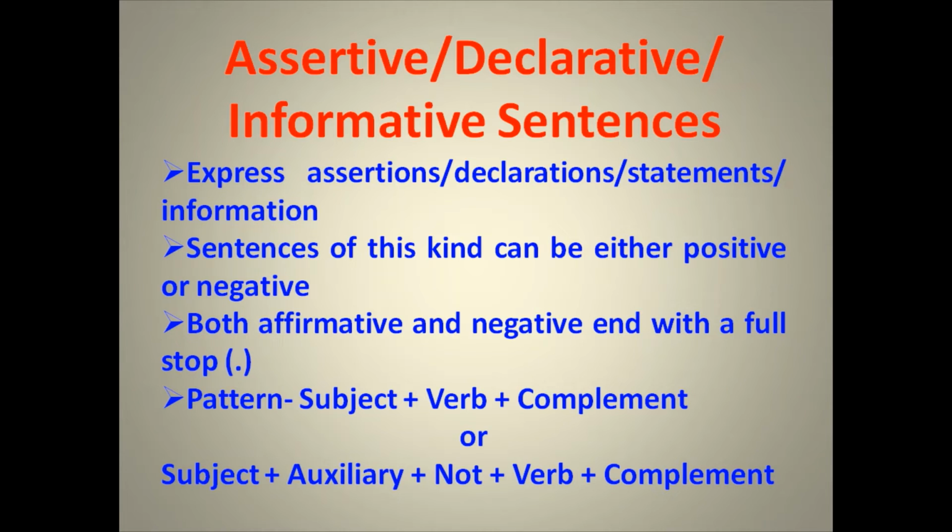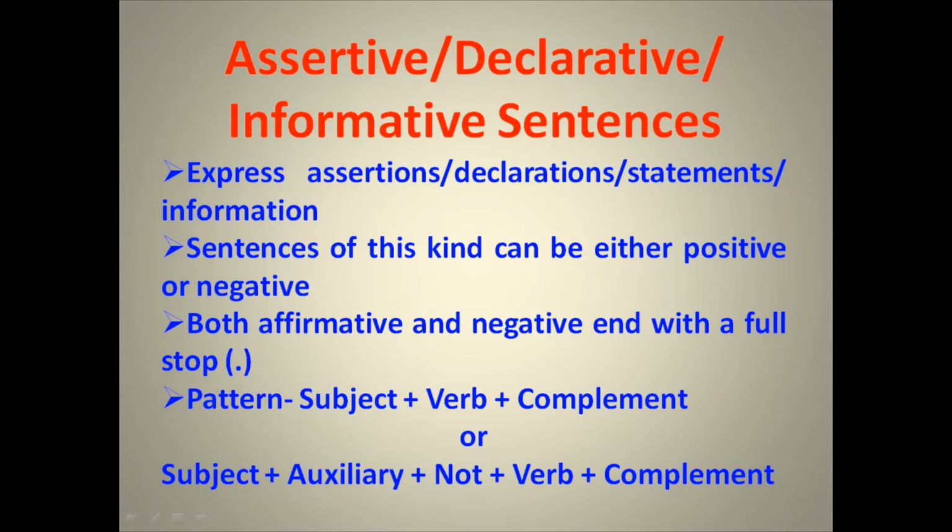There is no helping verb in this sentence, so we have to add the auxiliary verb do with the subject I. The negative is: I do not go to school.